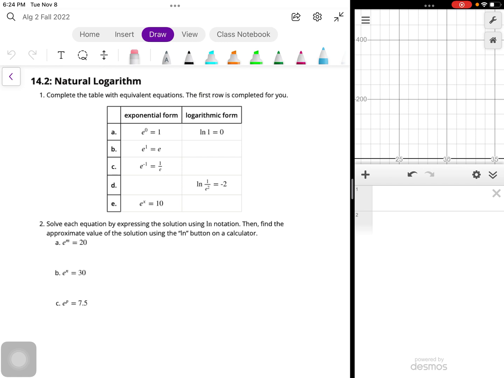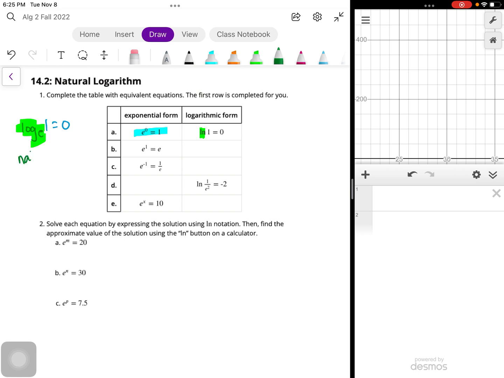So e to the power of 0 is equal to 1. So remember, when we write this in logarithmic form, that would basically be log base e of 1 equals 0. Notice over here, this ln is in the place of log base e. That's called the natural log, right?